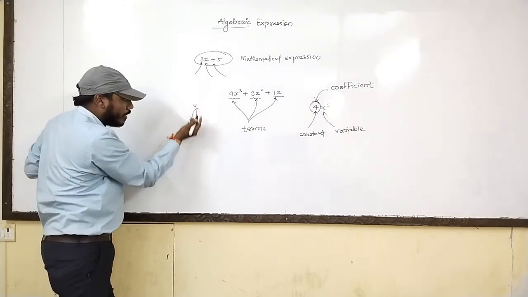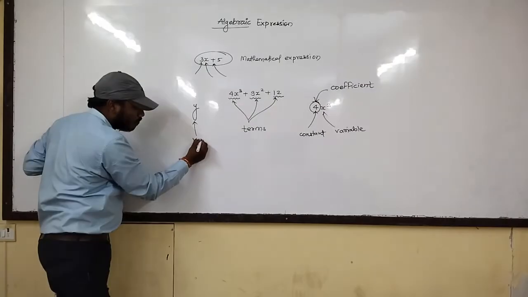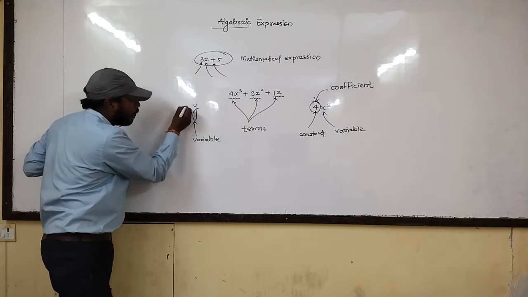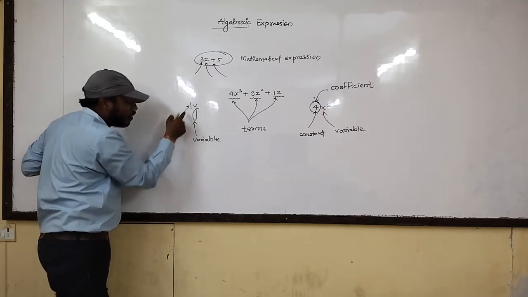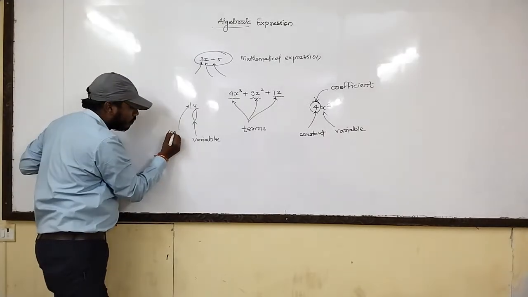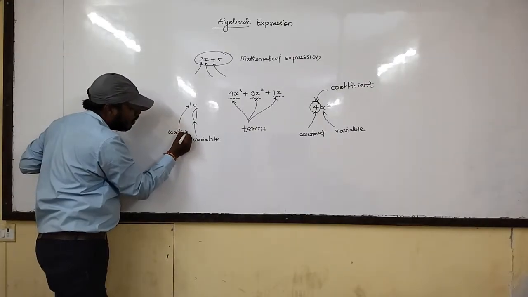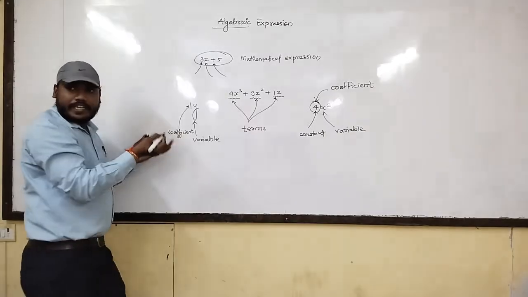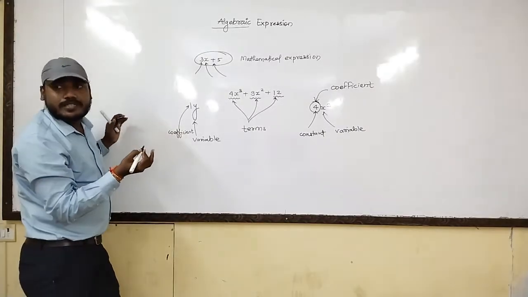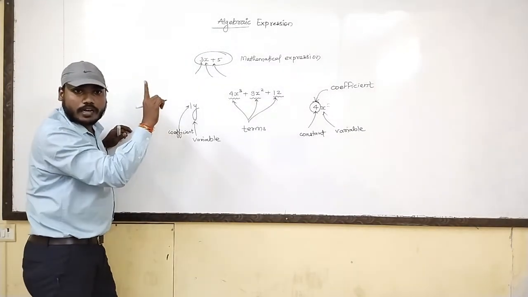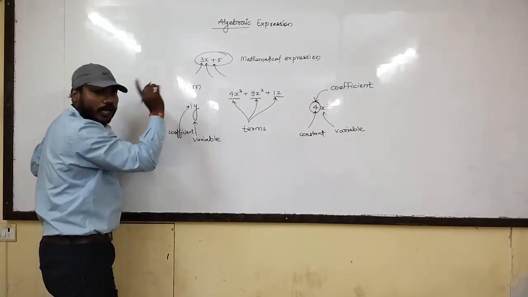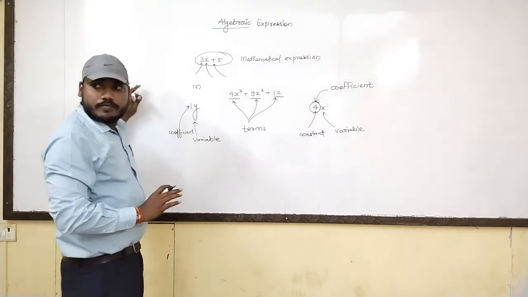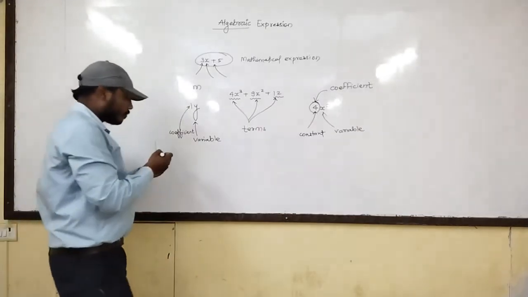So this is the variable, but if nothing is present before it, that means there is a 1, and that is the coefficient. So with any variable, the coefficient is 1. If we write m, the coefficient of m is 1. I hope this is clear now, right? Any confusion? No. Okay.